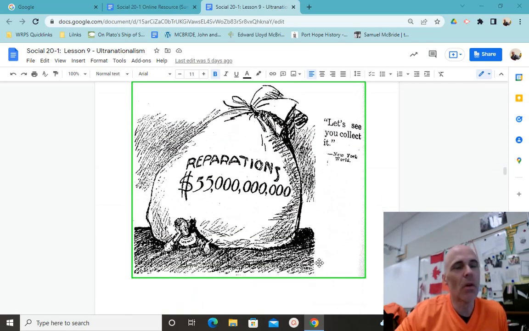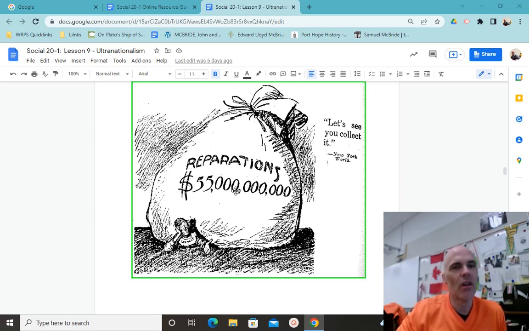This one's probably the most clear that we've seen so far. Germany here is absolutely being burdened with unrealistic reparations, and now the world is saying to Germany, now the difficulty will be collecting it from Germany, is the perspective. Like, you can make up any number you want.